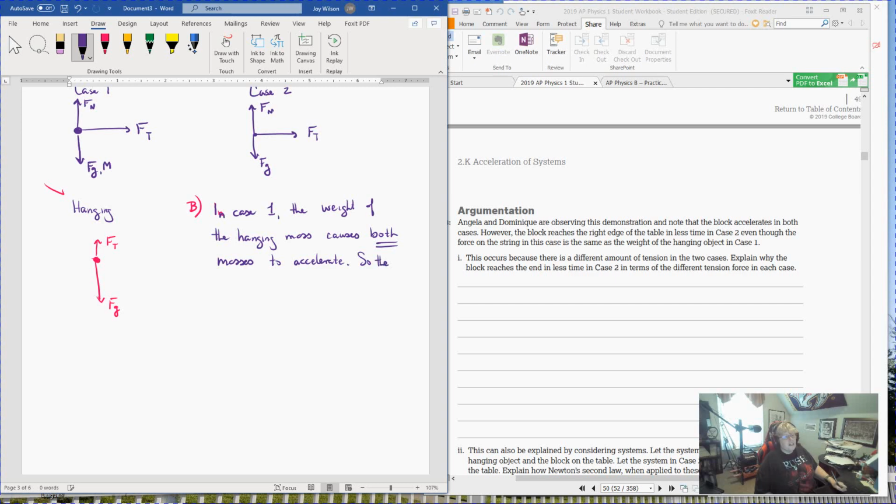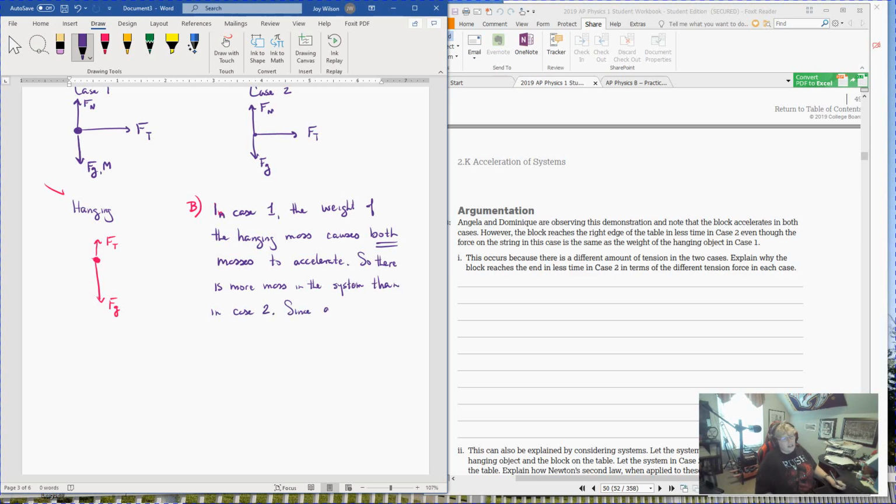So there is more mass in the system than in case 2.